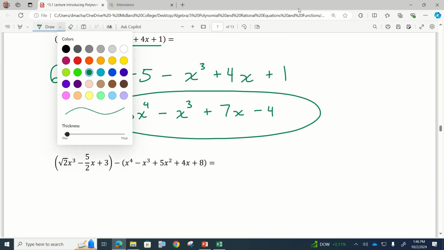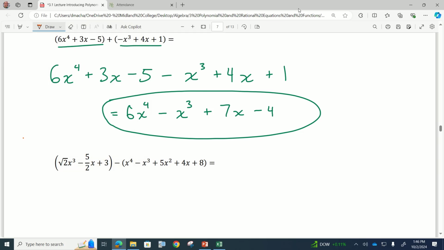Subtracting works just about the same way. Subtracting does not have the associative property. So I can't just forget about my parentheses. The important thing to remember when you're subtracting is to distribute the minus sign.